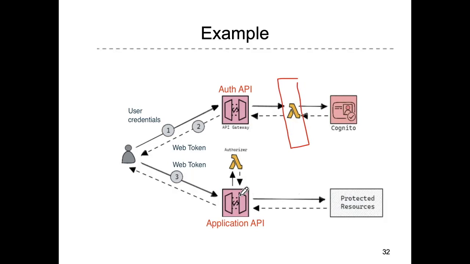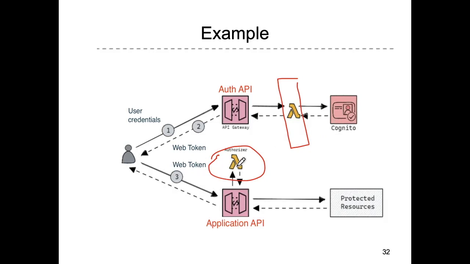So we now need to switch our focus down to this web API. Again, it's a standard web API. It has integrations with lambdas here, but it has this other special lambda here, which is going to play the role of what we call the authorizer. And what the authorizer's purpose is, when a request comes in with a JWT token, the web API will essentially pass that token to this lambda, and it will communicate with Cognito to ensure that it's a valid token.